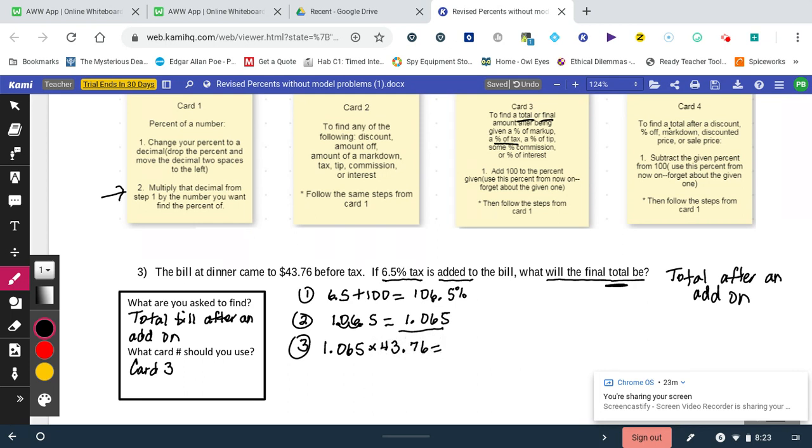Okay, a tax, like I said, makes your bill go up. So we should expect this amount to be more than $43.76. And once you multiply, you get this number, 46.6044. But that doesn't look like money.